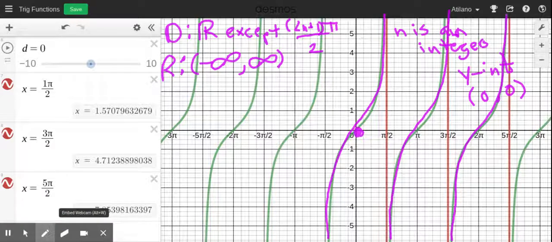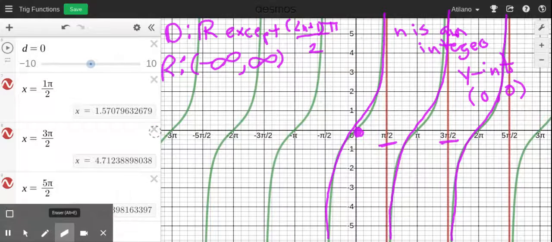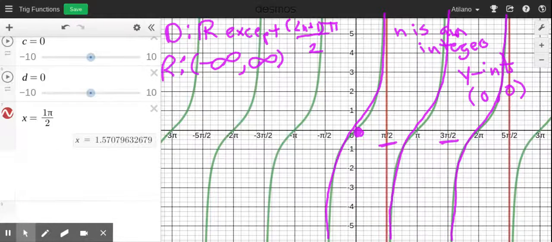Nice tracing. And that happens every, let's see, it goes from pi over 2 to 3 pi over 2. It happens every pi units. So I'm going to go ahead and get rid of some of this stuff so I can clean this up a little bit.